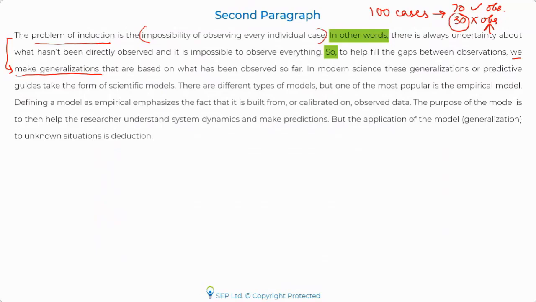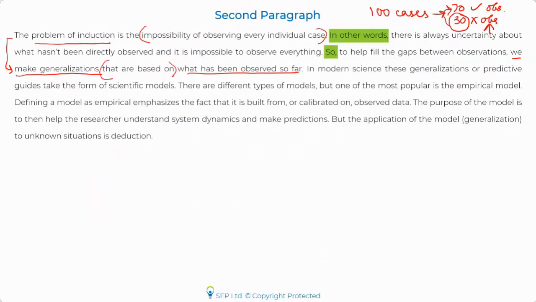And the generalization is based on what? The generalizations are based on what has been observed so far. Generalizations are made about these 30 cases on the basis of these 70 cases. So 70 cases were observed using induction, but for filling up the gap about those 30 cases, what was used?